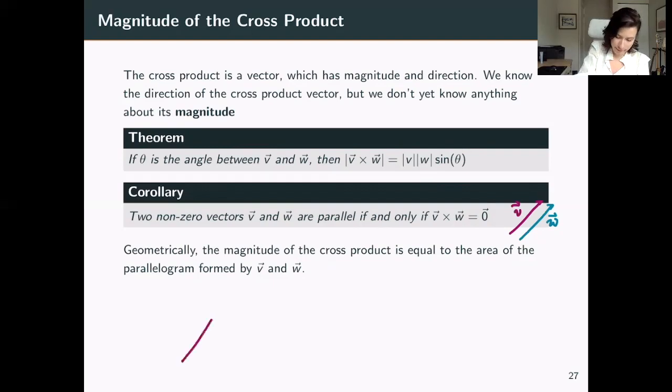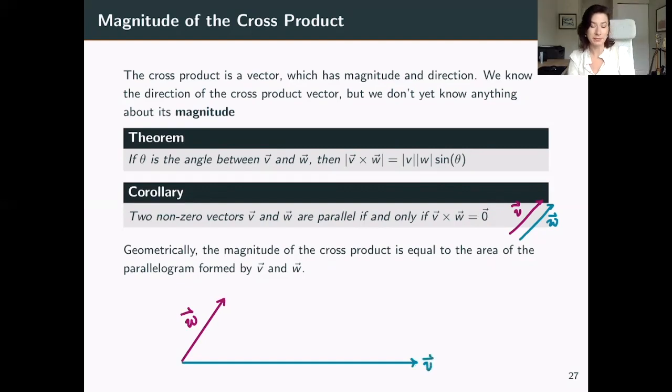Suppose we have a vector w. Here is my vector w, and I have another vector v. Here is vector w and vector v. The angle between them is that angle theta, as is seen in that first theorem.